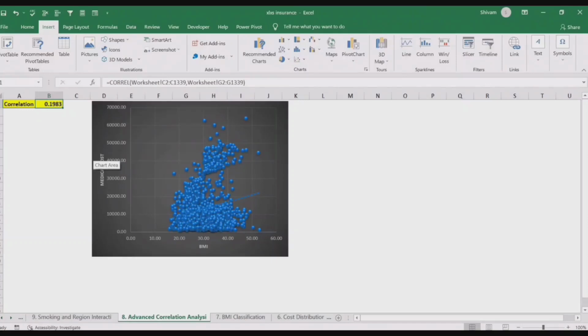We can see that the correlation coefficient is 0.1983. The value is very close to 0 rather than 1, indicating a minimal but positive relationship between BMI and medical charges. This positive sign suggests that as BMI increases, there is a slight tendency for medical charges to increase as well.